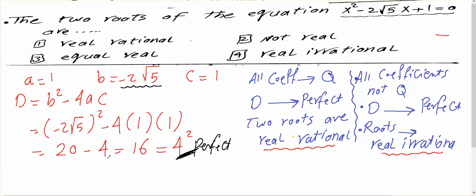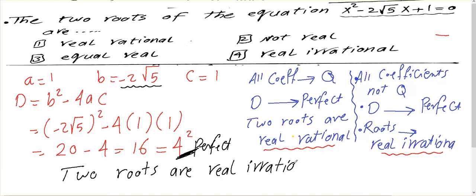Here we can say that the two roots are real irrational numbers. The right answer will be number 4. Number 4 is right.